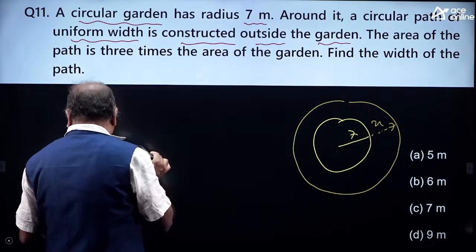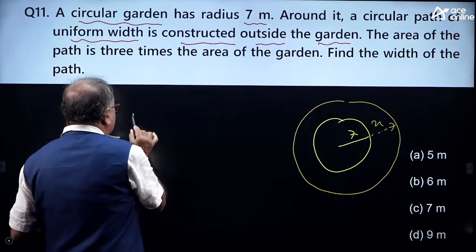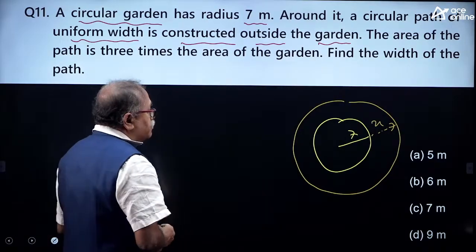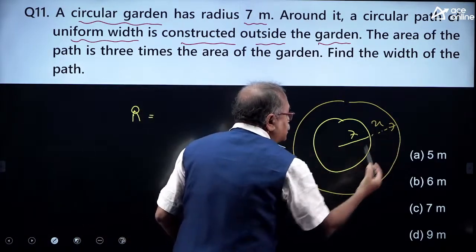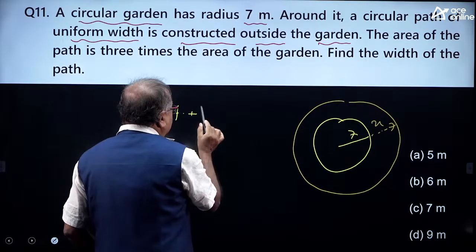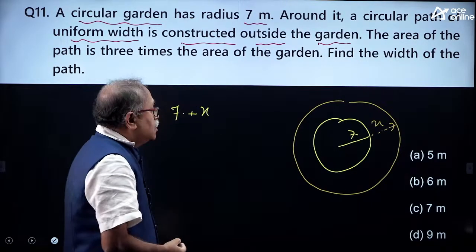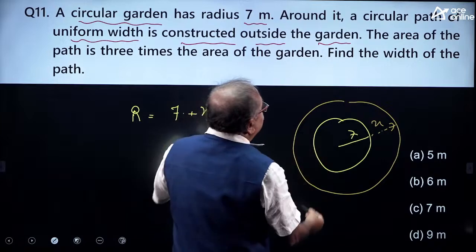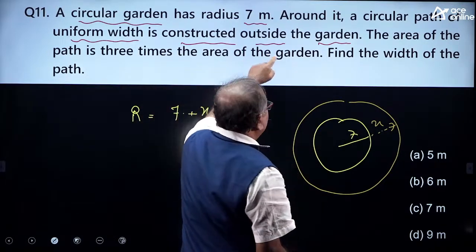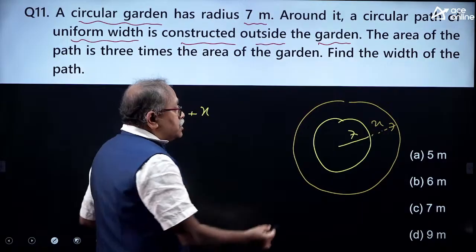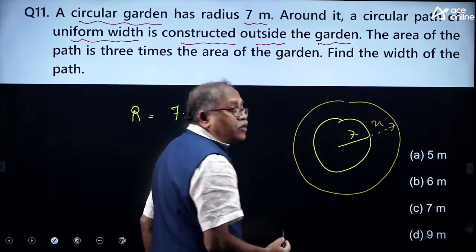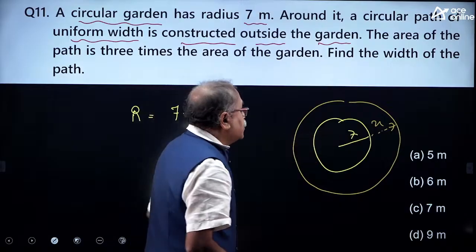Capital R, I'll just give some hints to you. Capital R is 7 plus x, and the path area is given to us as 3 times the area of the garden. So, what is the area of the garden? Pi r square. R square is 49, since 7 square is 49.